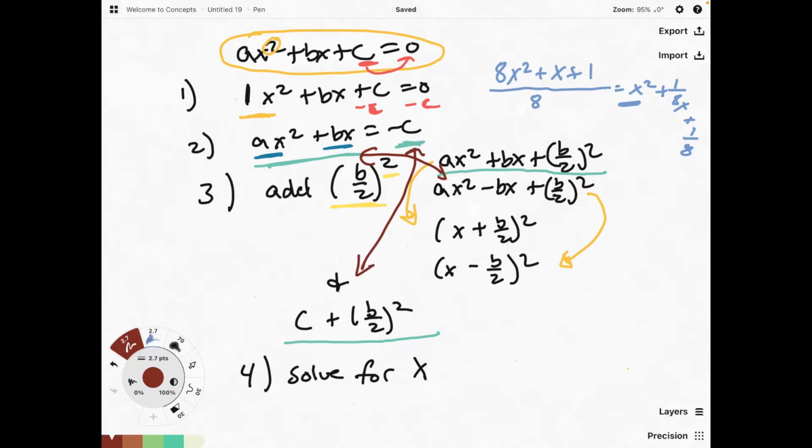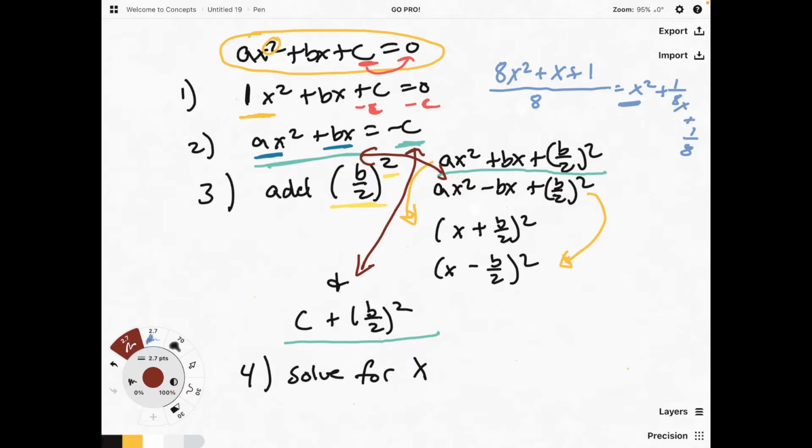Similarly, if you have a negative, so right now we've been looking at ax squared plus bx. If we have ax squared minus bx, you're going to do the exact same thing. You're going to add half the coefficient of b squared to both sides.